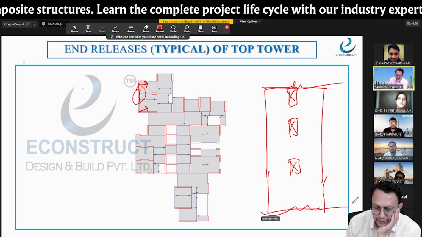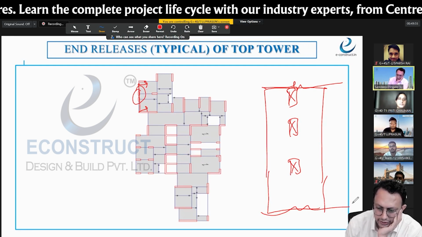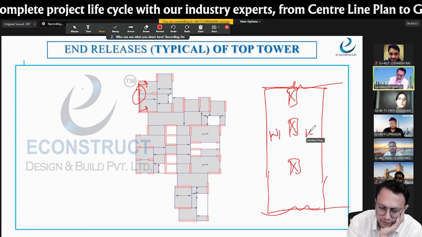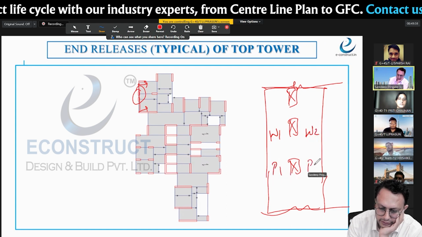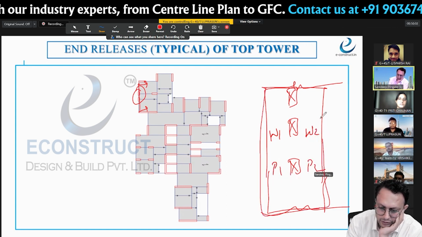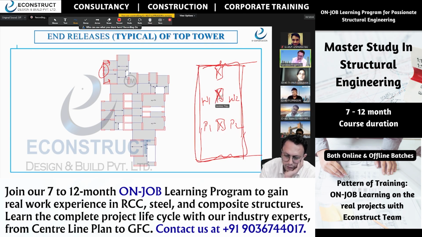Is it okay? Are you getting what I'm saying? Instead of giving this wall 1, wall 2, or maybe pier 1, pier 2, I would suggest that you give one wall only and give the wall opening in between by going to the edit section elevation. Got it?